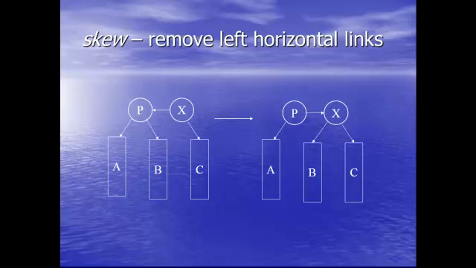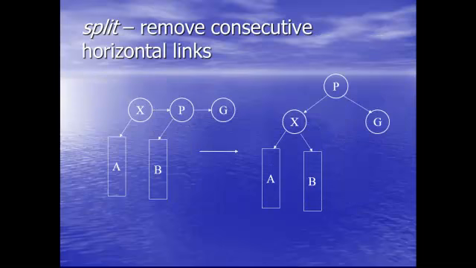That is, skew is used to remove the left horizontal link and split is used to remove consecutive horizontal links. If there are consecutive horizontal links like this, then you can remove them using the split function, in which consecutive links are removed, such that P becomes the root node and X and G become the children of P.